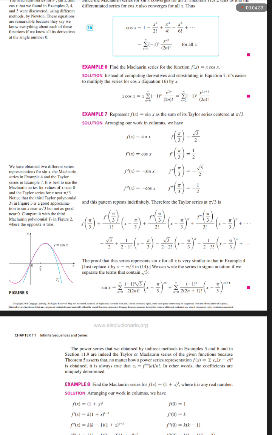Just replace x by x - pi/3 in equation 14.